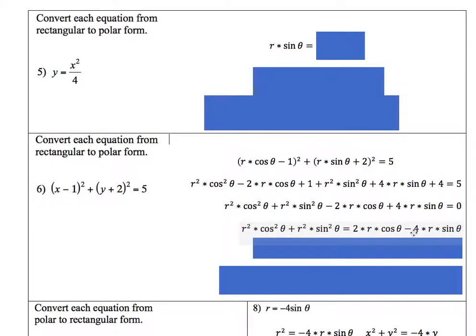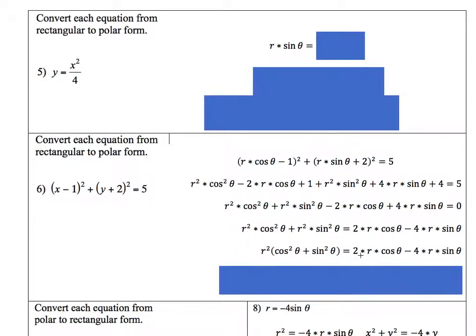This positive becomes negative. Okay, hopefully by now you remember that cosine squared theta and sine squared theta, if I factor out that r squared, I can replace that with something super nice and pretty because that just equals 1.